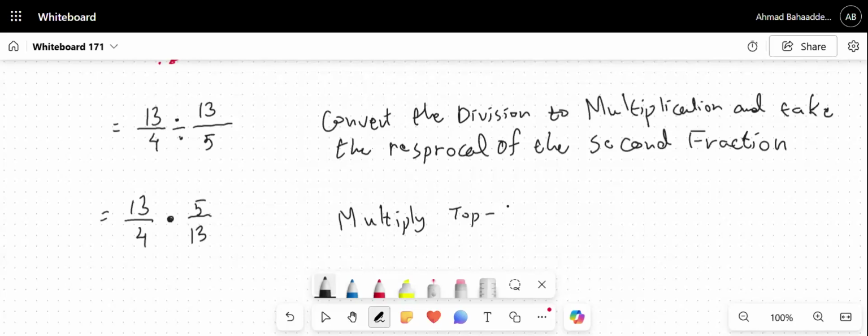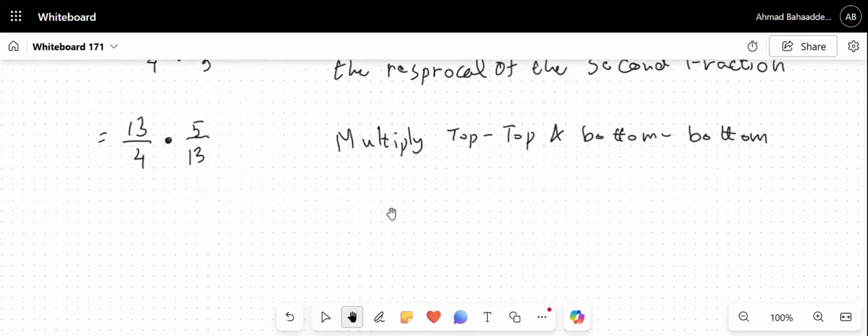Why do we do that? Because we don't need a least common multiple for multiplication or division.